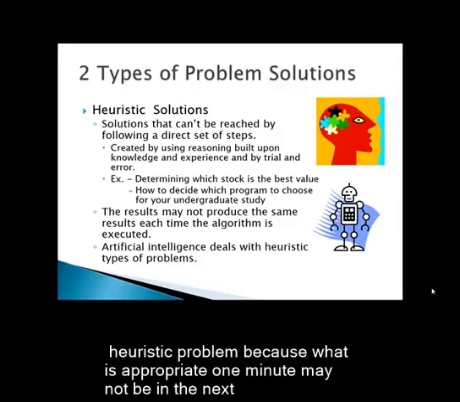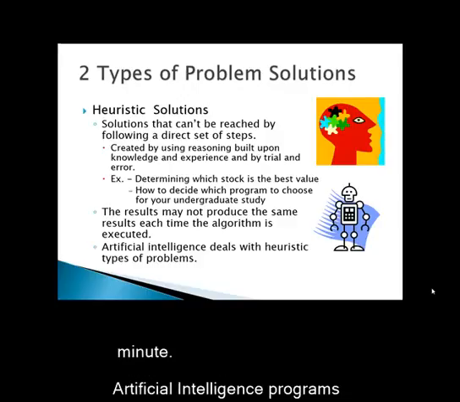It will basically analyze the data and try to look at the pattern of the data.